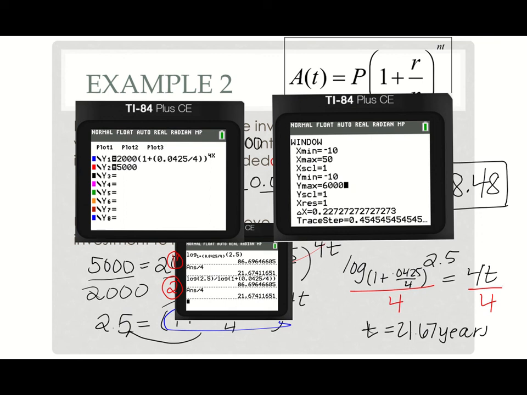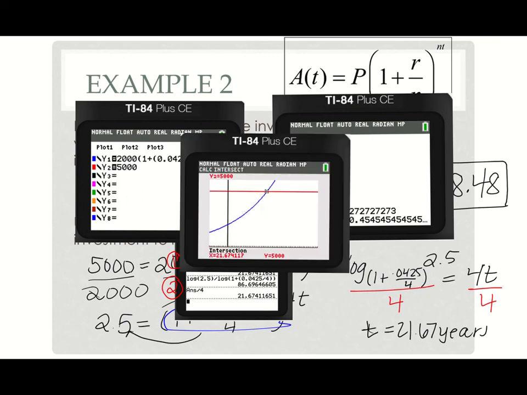When I adjust my window, I can now see my exponential and where it's going to cross with my final value. So I have an intersection here. Remember, to find my intersection, I hit second trace, and it's number 5, intersection.